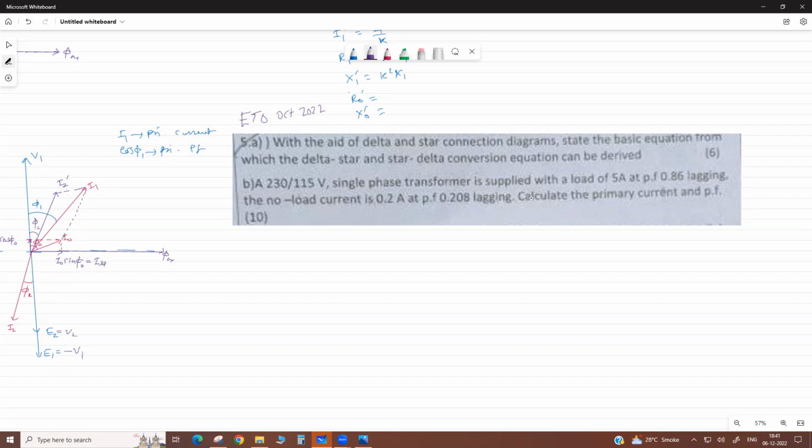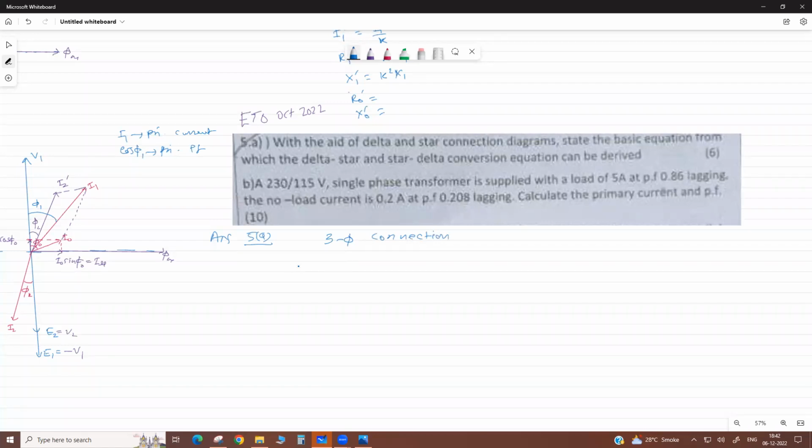So he is not asking you to derive the star delta conversion equation, just that basic. So this is part A of the fifth question. Just you derive three-phase or polyphase connections.